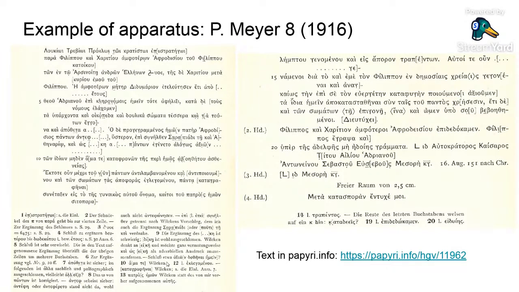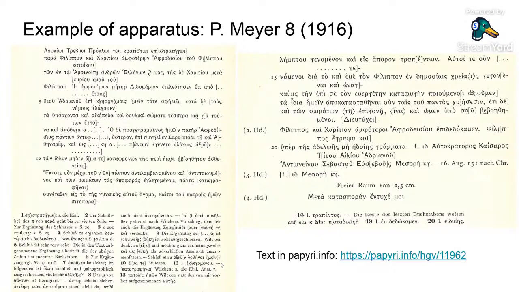And then the next entry in the apparatus is for line 12. There is lege ek legomeno. So in the text we have eg with a gamma, and it has been suggested to regularize, normalize with ek with a kappa. So a similar entry to what I showed previously.